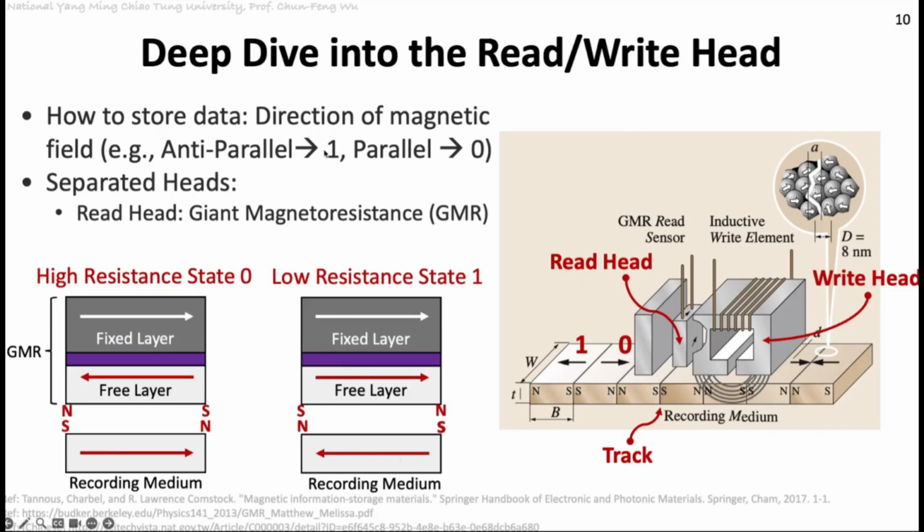Okay, so this is the principle about how to know which direction the data stored in the recorded medium is in. We can use the GMR when it goes through the recorded medium, give the voltage, and then test the resistance state of the GMR, and we can know it is 1 or 0.